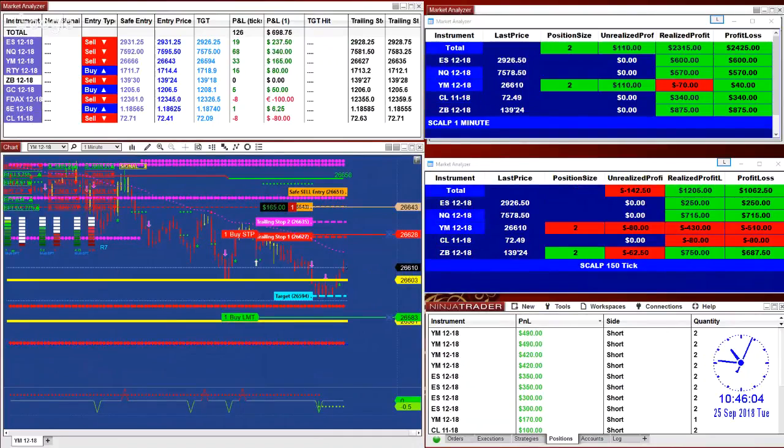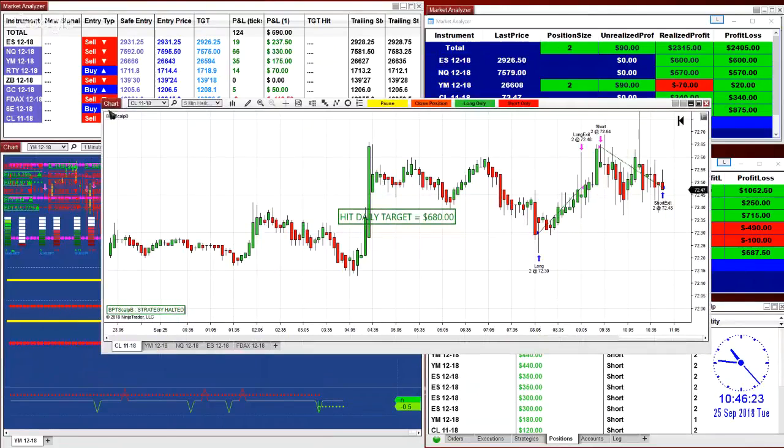Yesterday for our members, we covered the 5 minute scalpers, and this has already hit the target on the CL with two trades on the scalper.